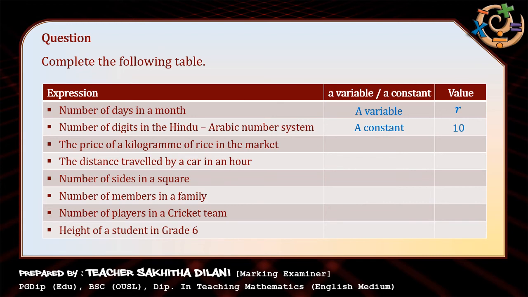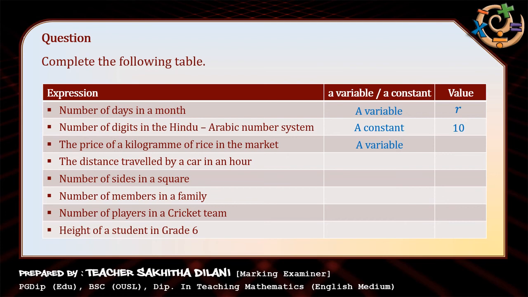Next one, the price of a kilogram of rice in the market. You know that it's a variable. 1 kilogram of rice is sold at various amounts in various shops. Therefore, it's a variable, so you can represent it using an algebraic symbol.